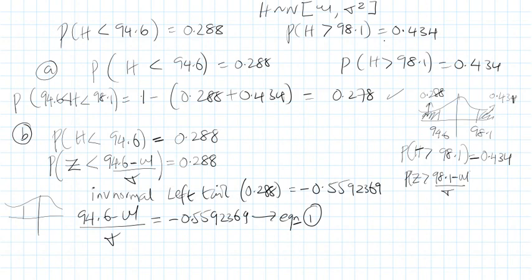Which means P of Z greater than (98.1 minus mu) over sigma is equal to 0.434. We do inverse form.